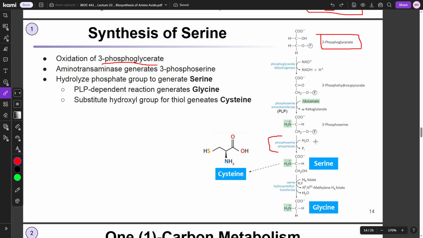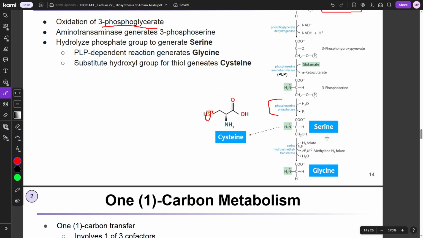Through some other reactions, all you have to know is that there's a replacement reaction where we take a sulfur and switch it out for the O. That's how you get cysteine. And to get glycine, you use tetrahydrofolate, with serine hydroxymethyltransferase, which also uses PLP.